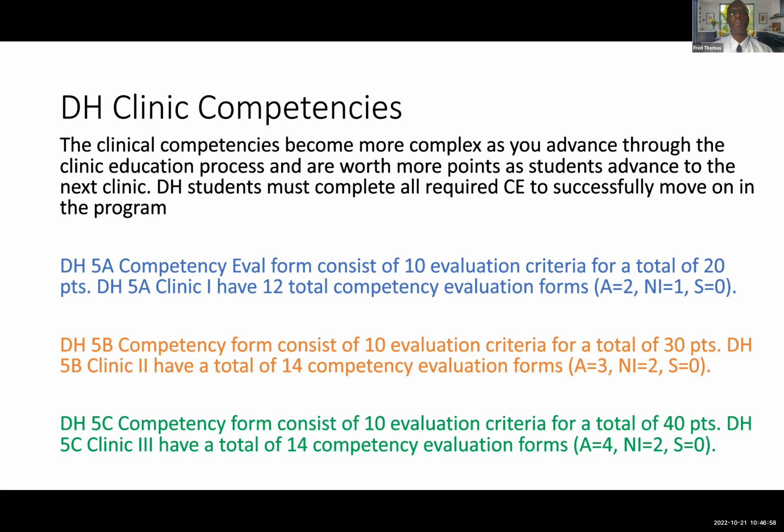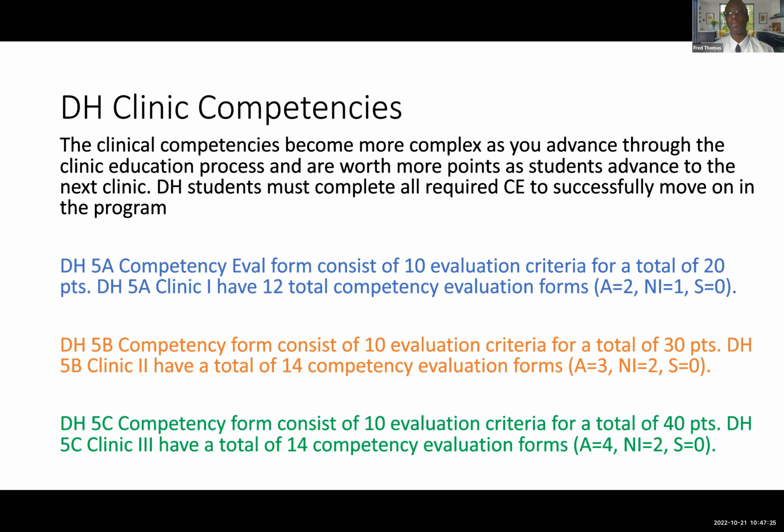DH students must complete all the required CEs to successfully move on in the program. If one CE is not completed or missed by the last clinical day, that student does not move on. They will receive an incomplete or have to redo that clinical semester all over again, which means they would have to wait a full year for it to come back around.